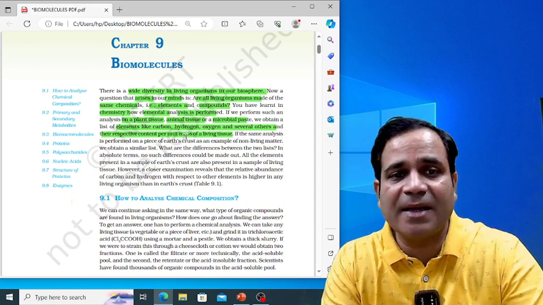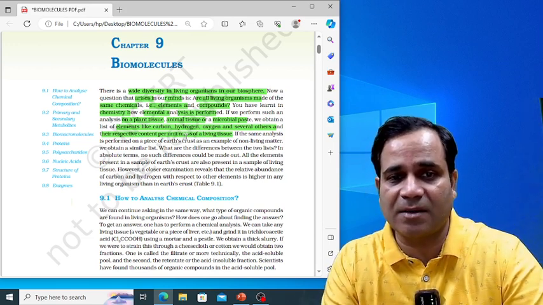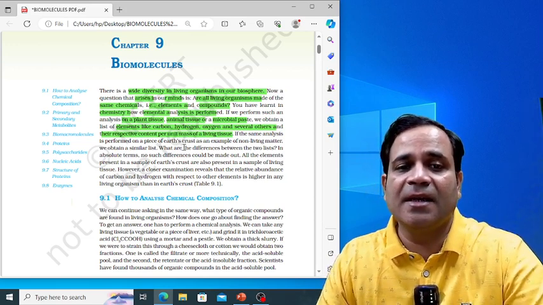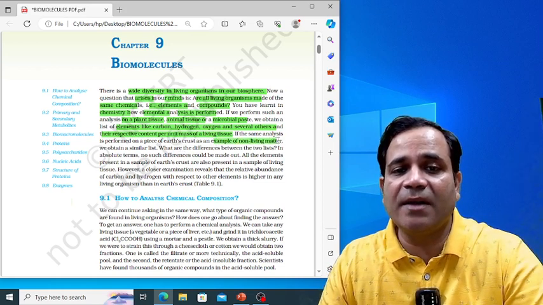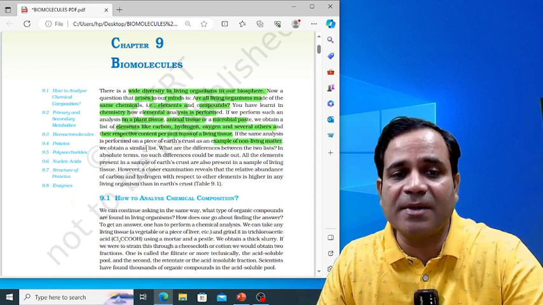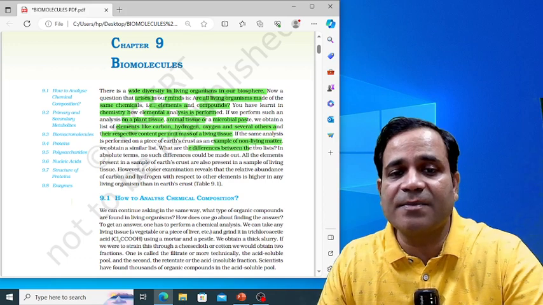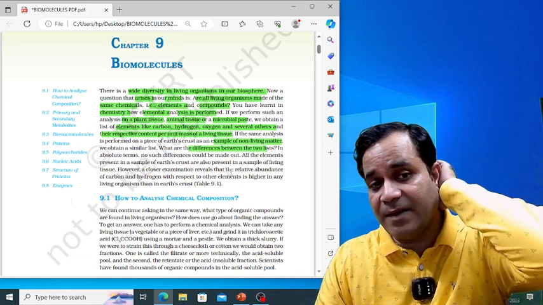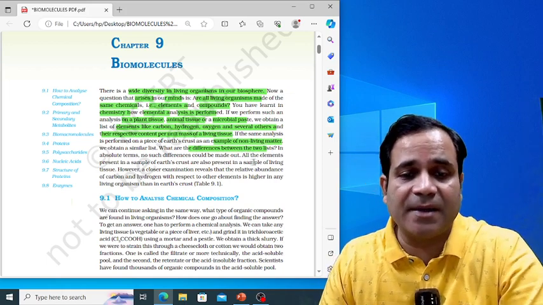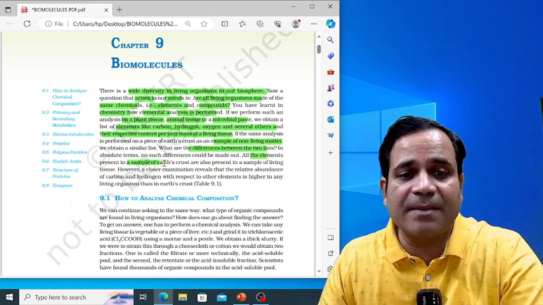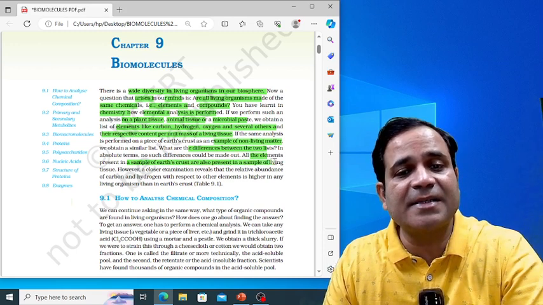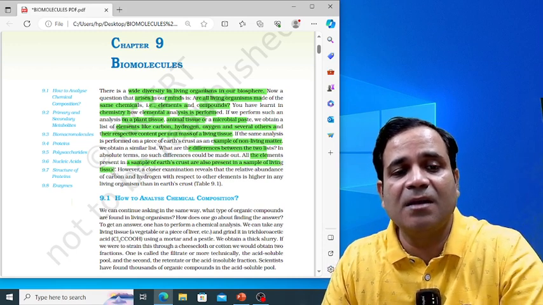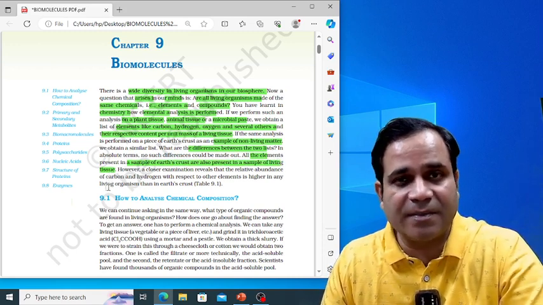If we analyze the earth's crust, an example of non-living matter, we obtain a similar list. So what are the differences between the two lists? All the elements present in the sample of the earth's crust are also present in the sample of living tissue. Suppose nitrogen is found in the atmosphere, is nitrogen found inside?